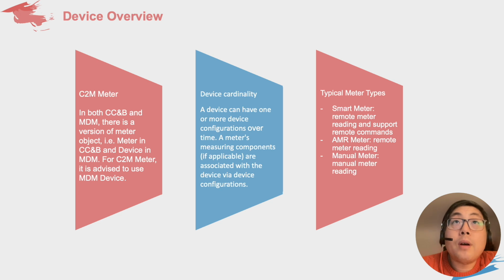Before C2M, it was decided the MDM device would be used as the master object, because the concept of MDM, which stands for meter data management, is to master the metering side of the utility model.